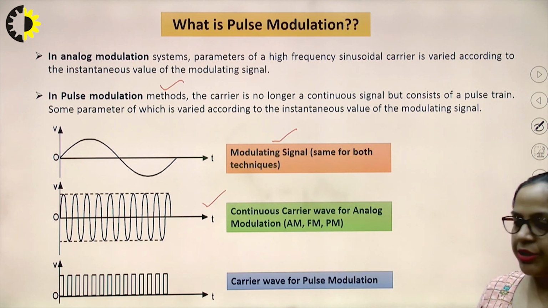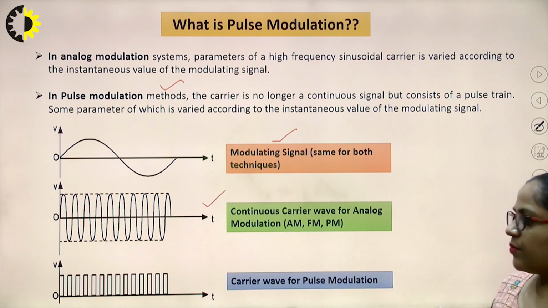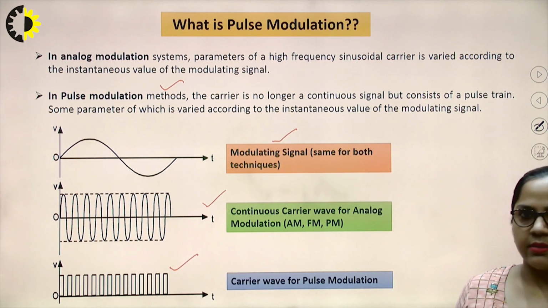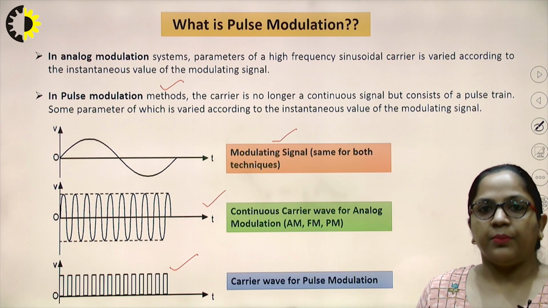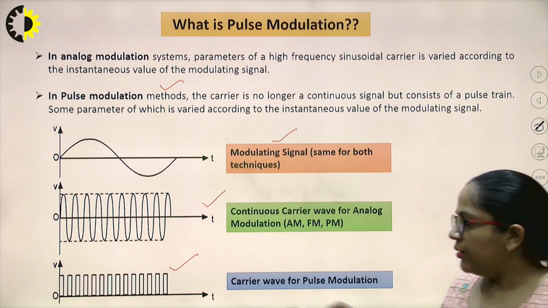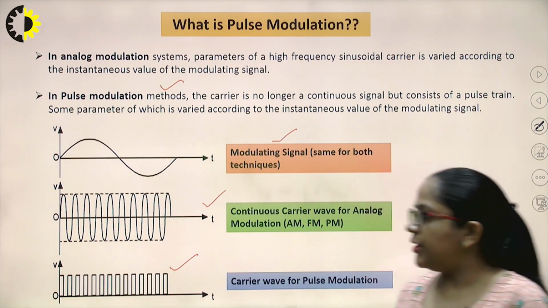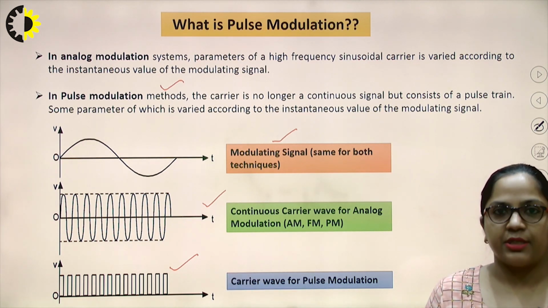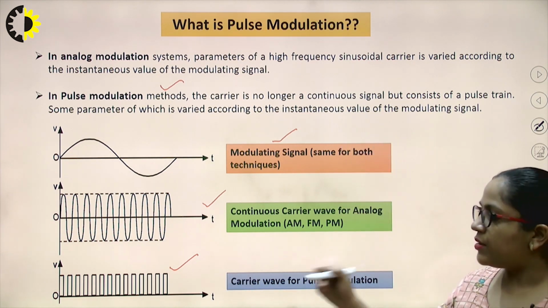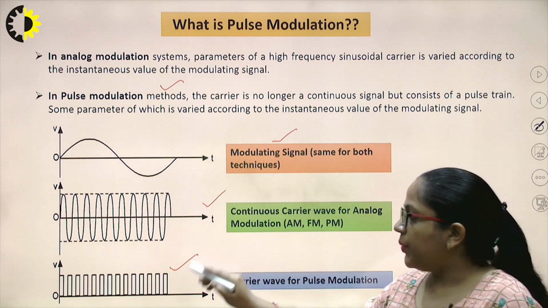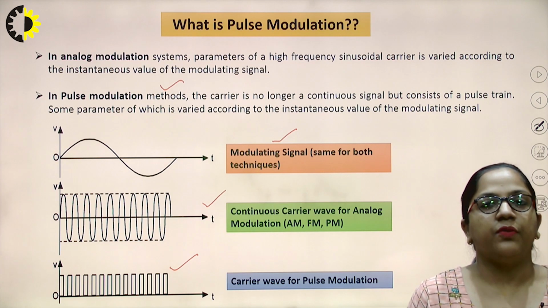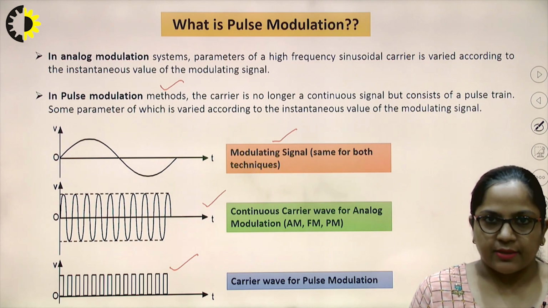While in case of pulse modulation, we select a carrier in the form of pulses of constant width, position and amplitude. This kind of representation of pulses is also called a pulse train. So in case of pulse modulation, the modulation will be performed with the help of this carrier, which is in the form of a train of pulses.